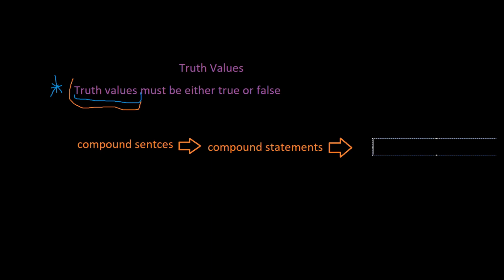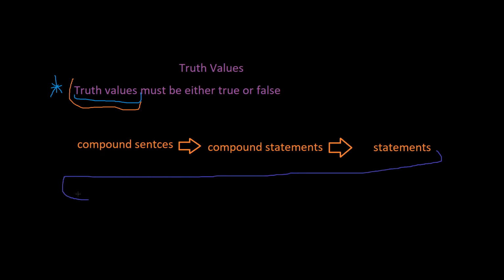Or you could say statements before we go to components, just for the sake of not getting confused. And then from statements, what do we get? Which is our P's and Q's and R's, right?